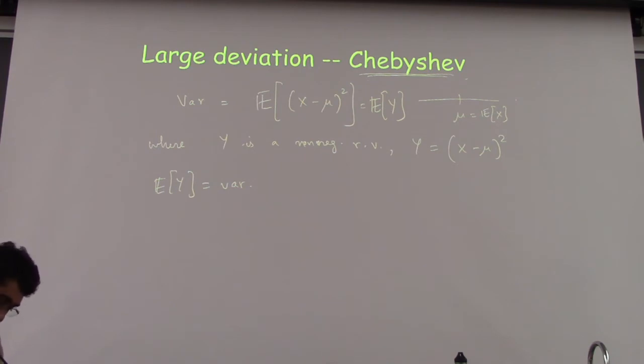Now all we are asking is, what is the probability that the absolute value of X minus mu is bigger than lambda, for some lambda.